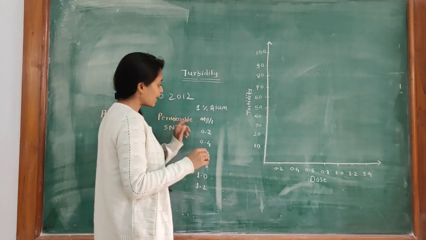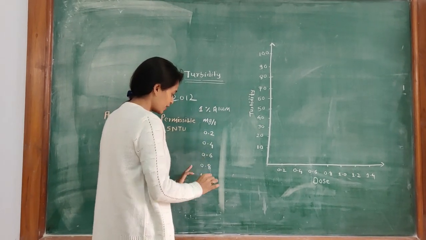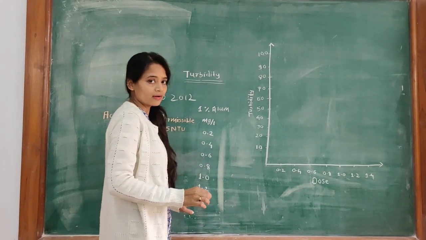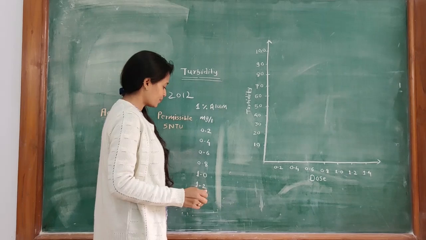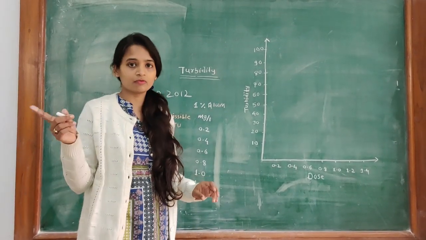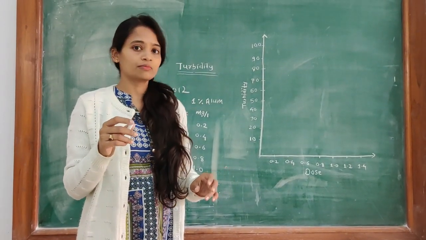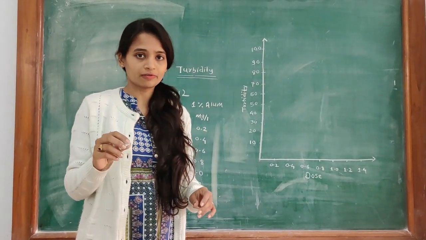In ml that would be 0.2, 0.4, 0.6, 0.8, 1 and 1.2 ml only. So first, what do we need to do? We have a water sample, so we first need to measure the raw turbidity of that sample.